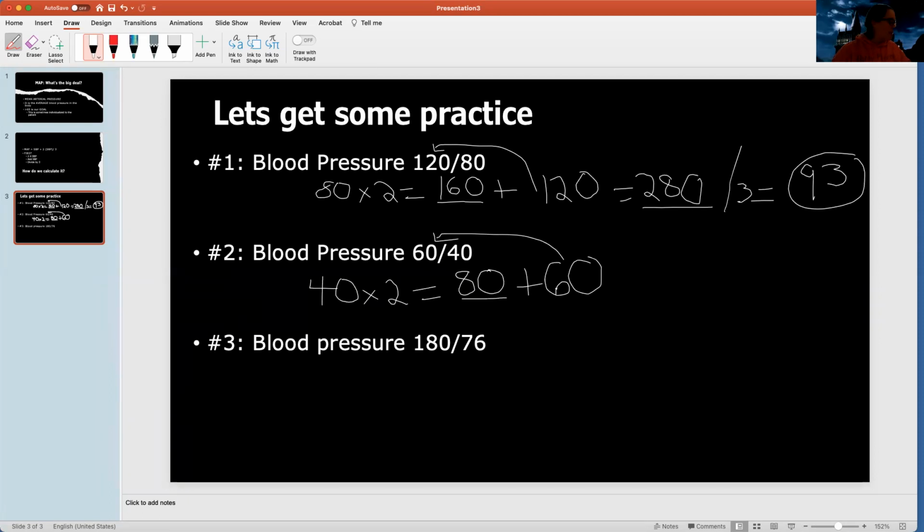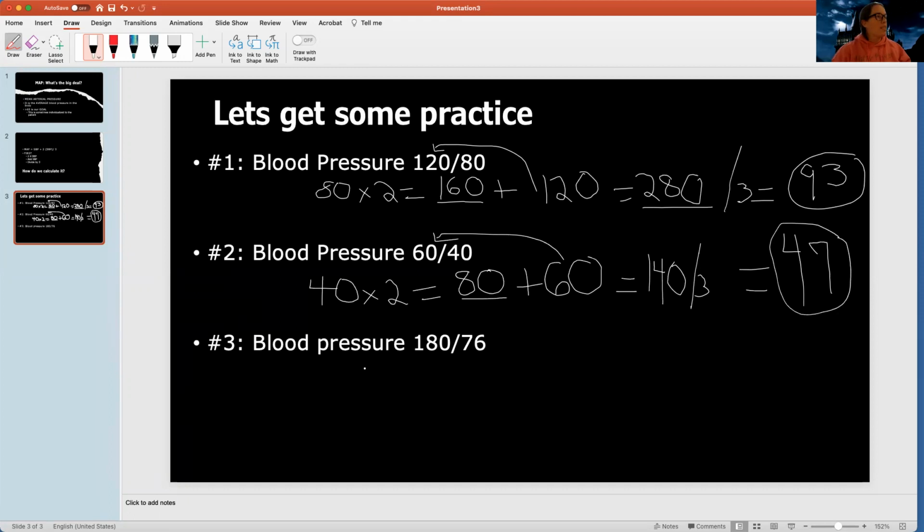Then we're going to add that systolic, and 80 plus 60 is 140. And we're going to divide that by 3, which equals 46.66667. So we're going to round that up to a MAP of 47.